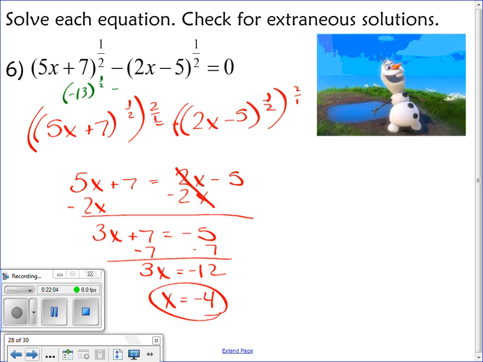Negative 8 minus 5. It's negative 13 to the 1/2. Does this minus this equal 0? Yeah, you're subtracting the same thing from itself, you get 0. So it does work. Like if I had 4 minus 4, you'd say, well, yeah, 4 minus 4 is 0. It's the same thing subtracted from itself.